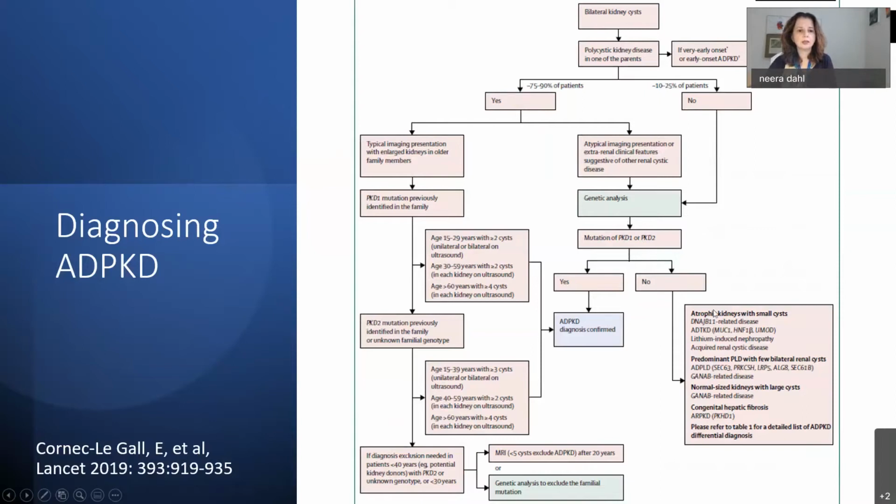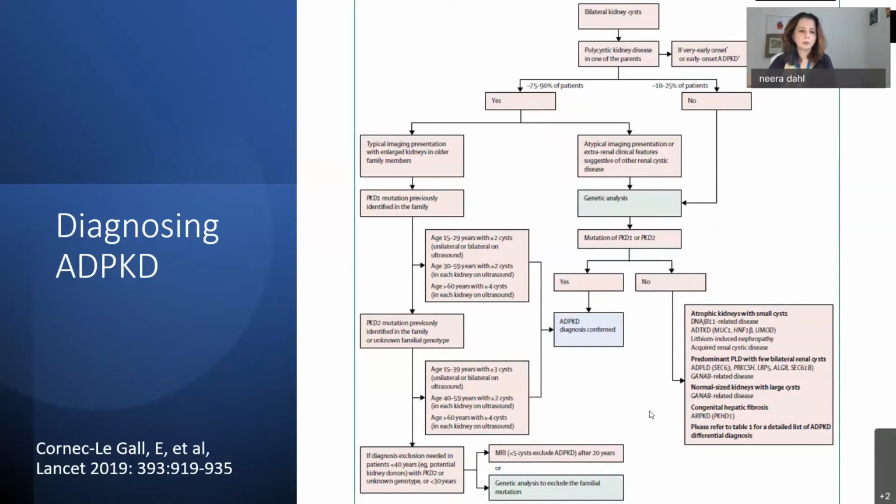And here is a nice list of some of those other genes that may be implicated. So we looked at the genes causing ADPKD. The other ones here are the genes that cause ADPLD, the polycystic liver disease, and then a few others listed here.